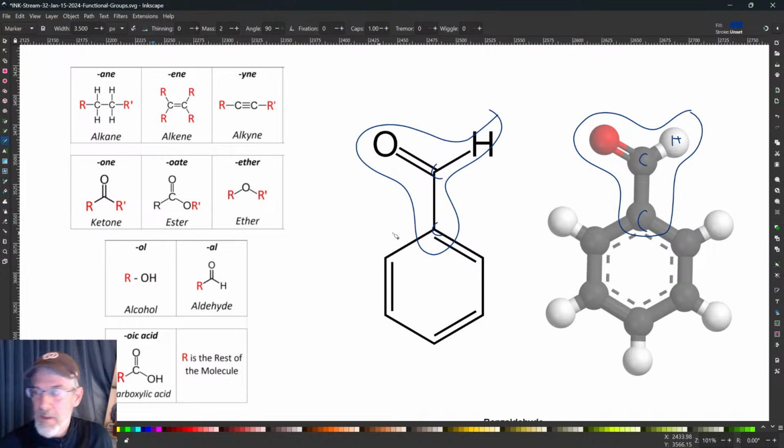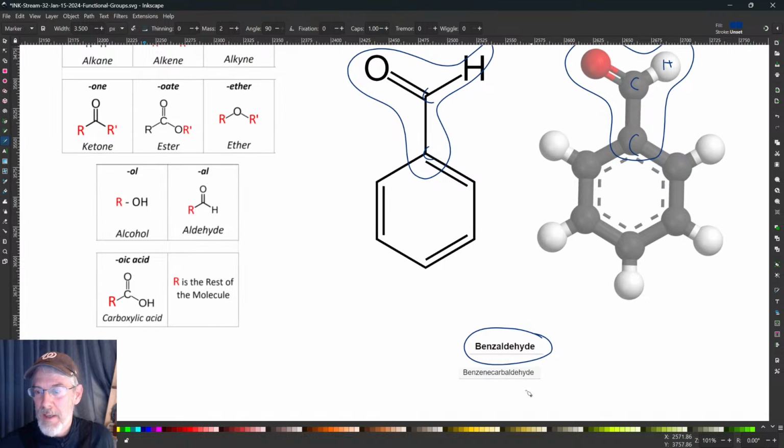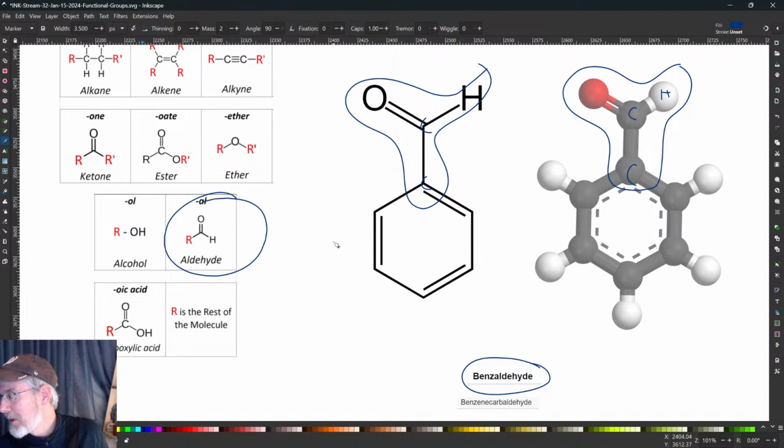So that definitely is going to be, and you can see it even has the word in it, benzaldehyde, or the IUPAC name is benzene carbaldehyde. It is indeed an aldehyde. So Absolute Zero, Dexter, you guys got it.